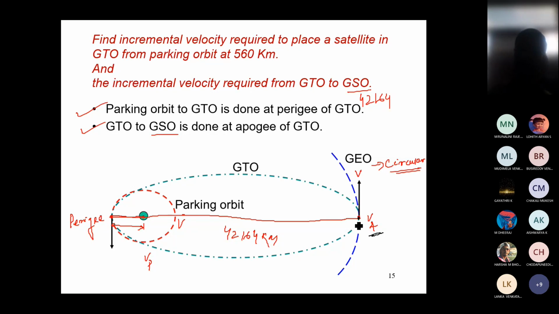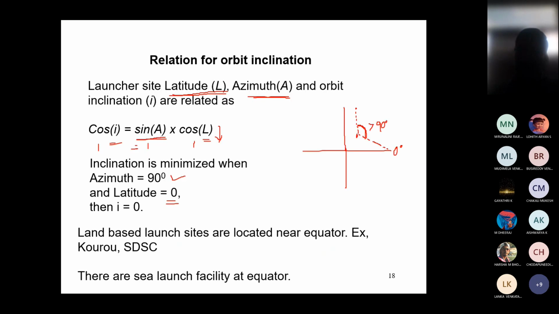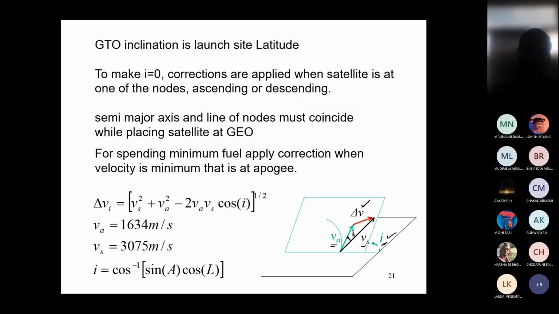So hence the velocity which we obtained, 1634 meter per second, this one we are using 1634 meter per second. So that means when the satellite is moving in an inclined orbit, the velocity at the point of apogee will come as 1634 meter per second.